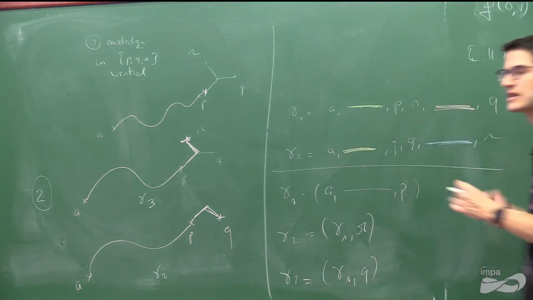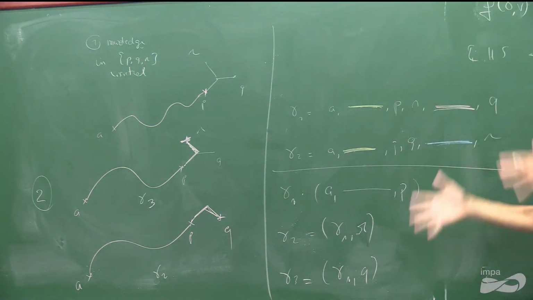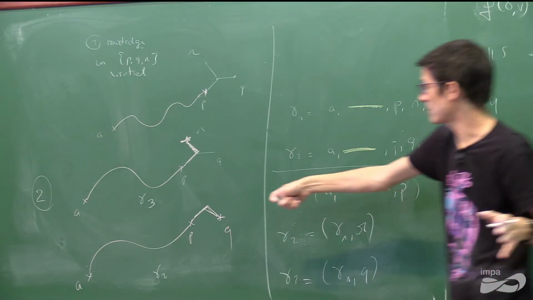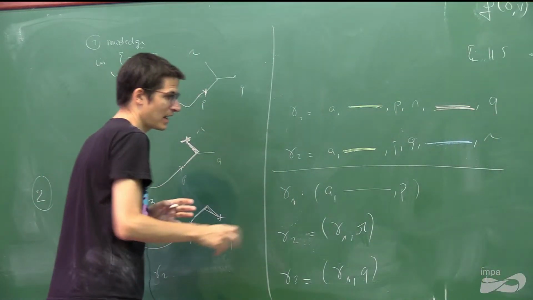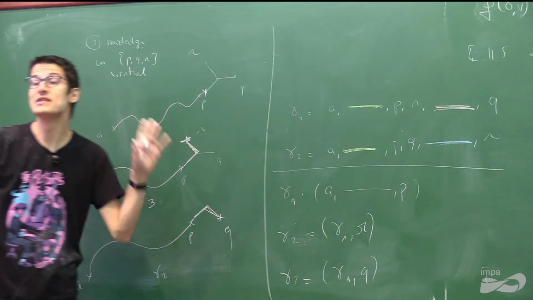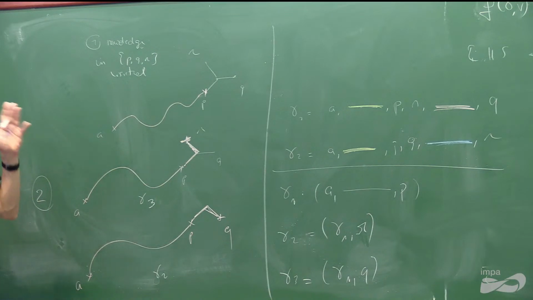I'm taking exactly the same sequence and one more vertex, one more mid-edge, just one more step. And gamma 1 is just a sequence that ends up at P without visiting Q and R.